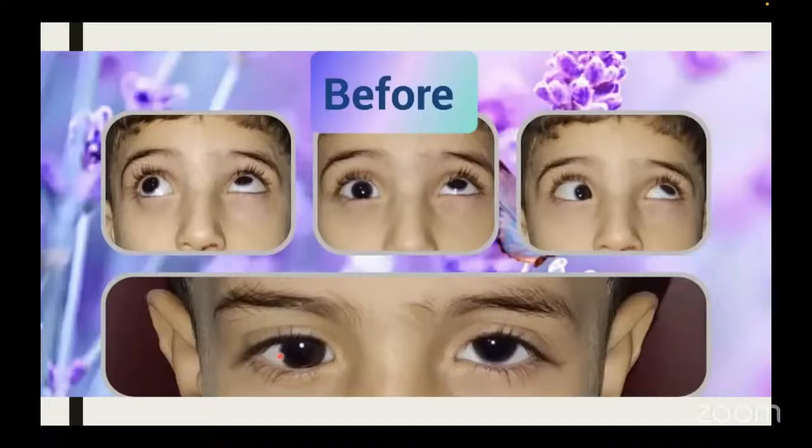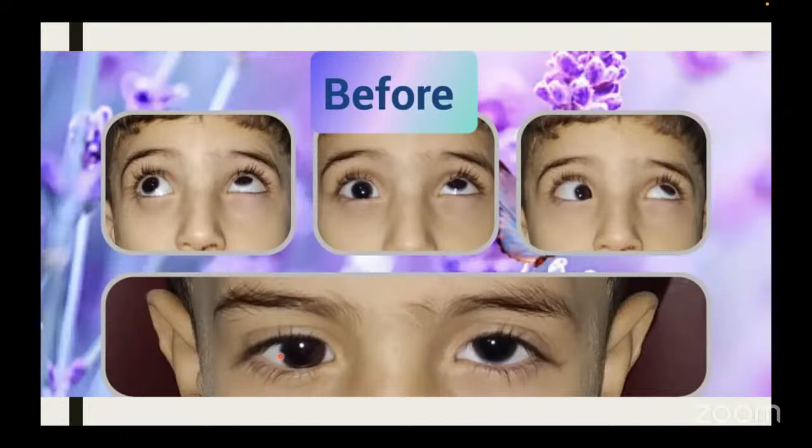Either you will do superior oblique tenectomy, so you will cut the whole tendon. But the problem with this surgery, what can happen after this surgery? Superior oblique tenectomy or tenotomy, what can happen after the surgery? Inferior oblique overaction, yes, superior oblique palsy action.